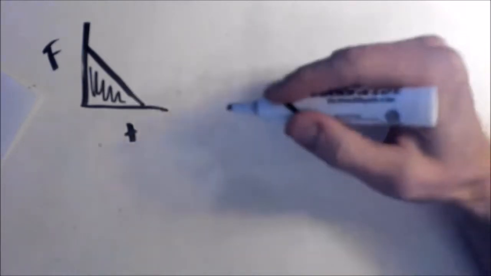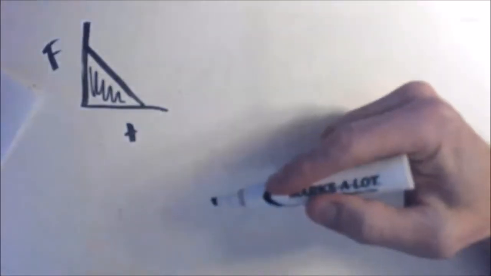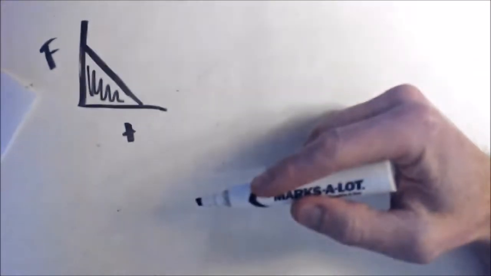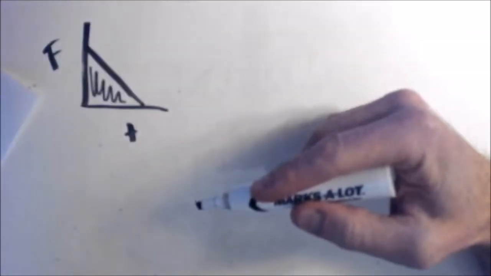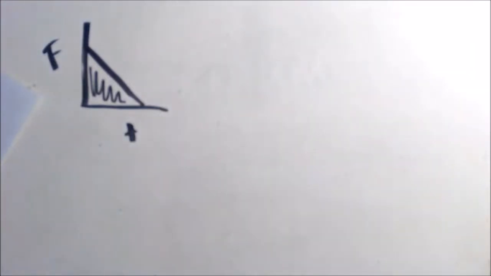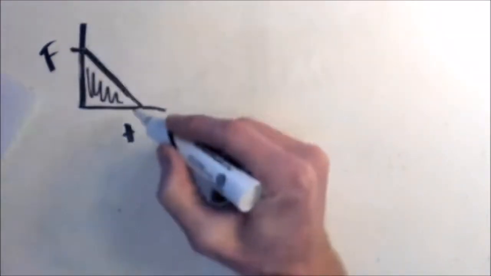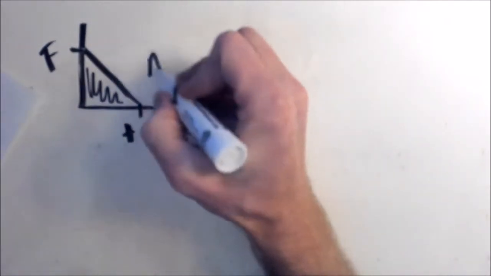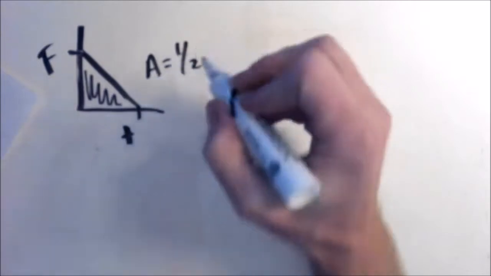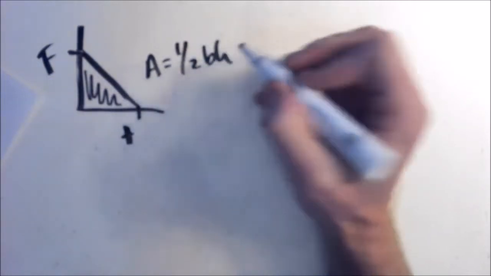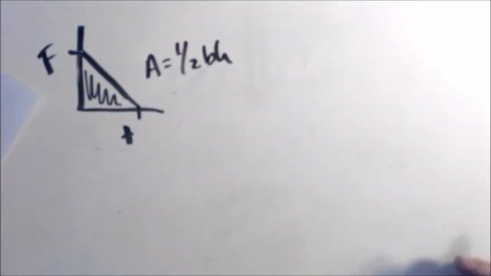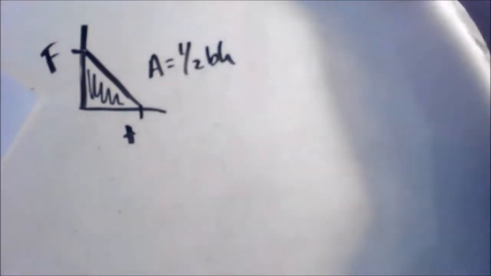Well, we know that we can calculate our impulse by calculating the area under a force by time curve. So if we know what this force is and what that time is, using our area equation for a triangle, 1/2 base times height, that would tell us our impulse over that period.